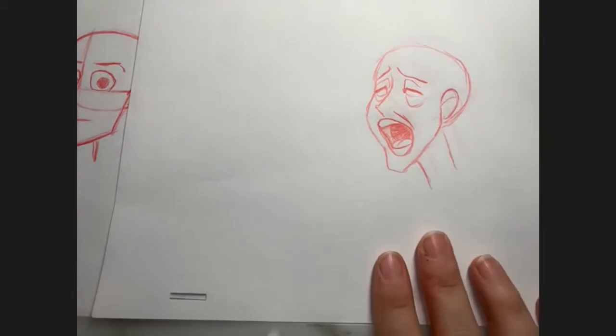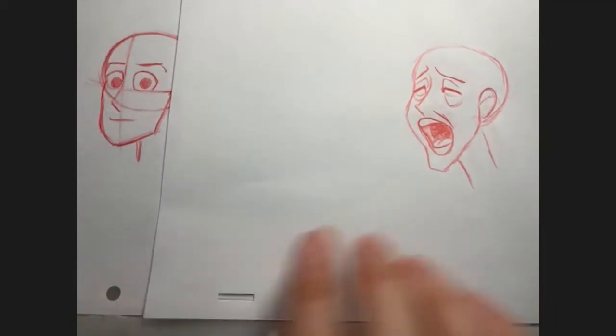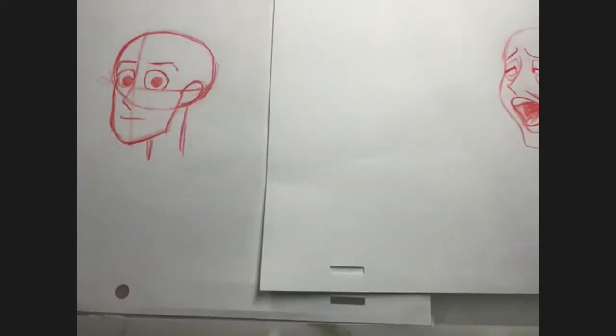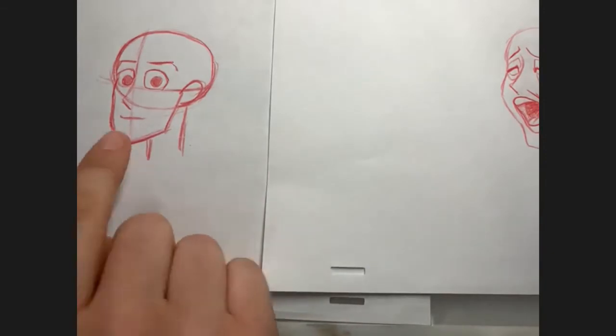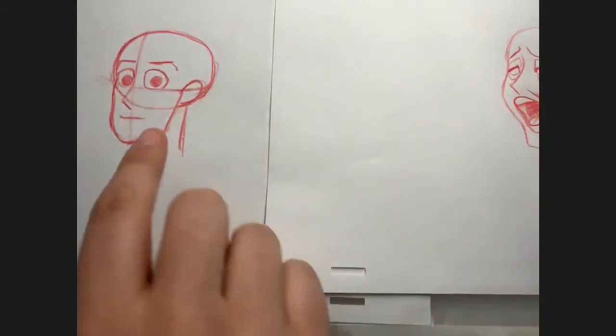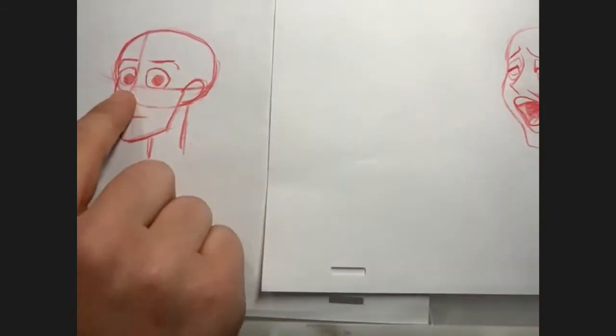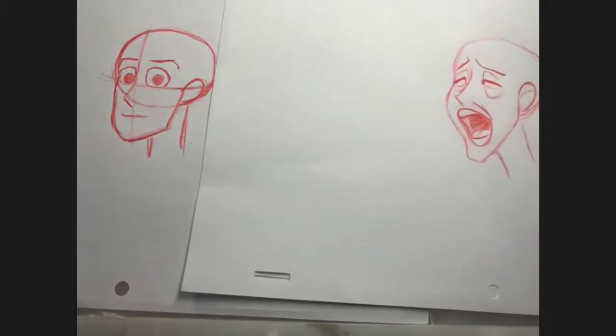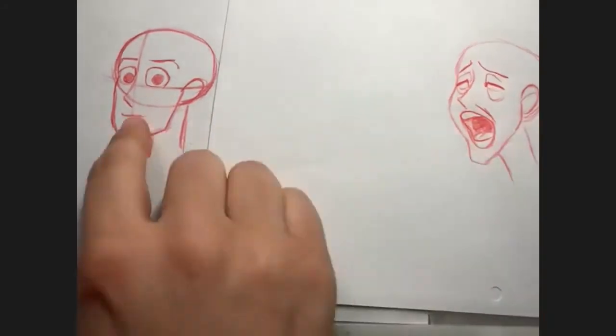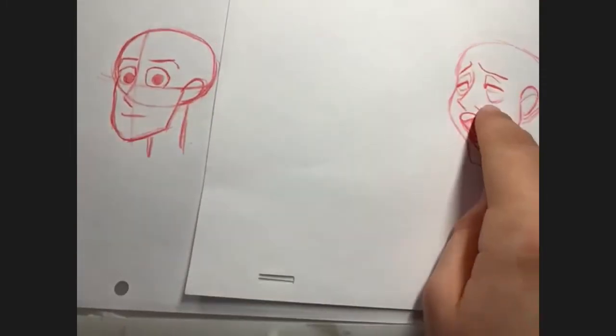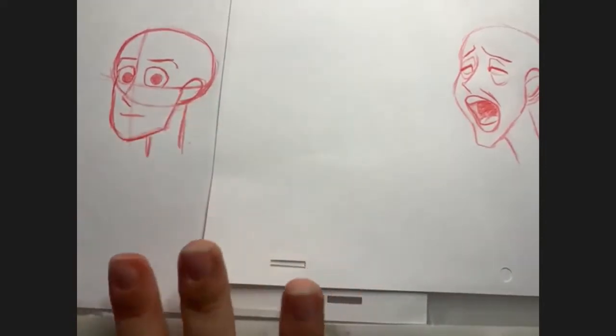So just focus on one thing at a time, get the energy down through the sequence. And then if you like how the movement is going, then you can go back and worry about little minutia, like, oh, the size of the eyes of my character has changed a lot and I want it to stay the same. Then you can go back and fix it. But for a first pass, I would just worry about getting the energy down.